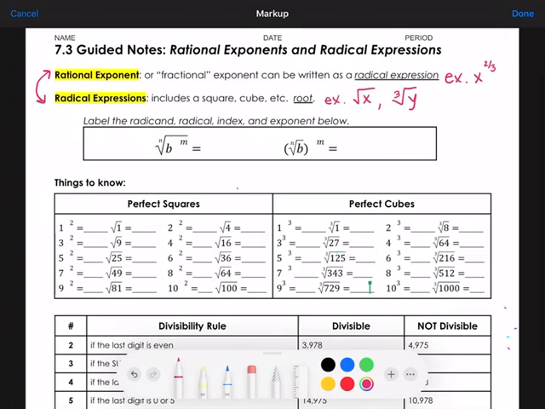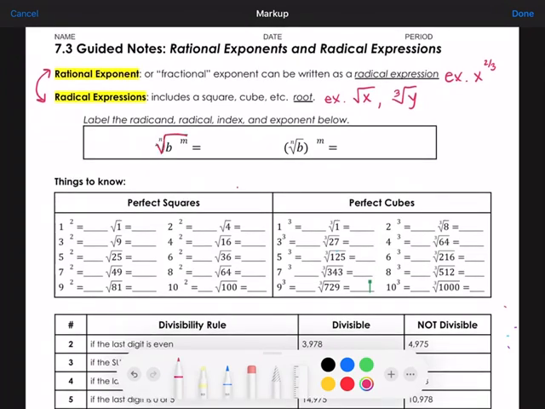Looking at this, this is a root, and this is the square root symbol. We're going to talk about what these different numbers and variables mean. First of all, this small number is called the index. This is a really important number because when we're simplifying radicals or converting from radicals to rational exponents, it tells us that we're making groups of this amount.